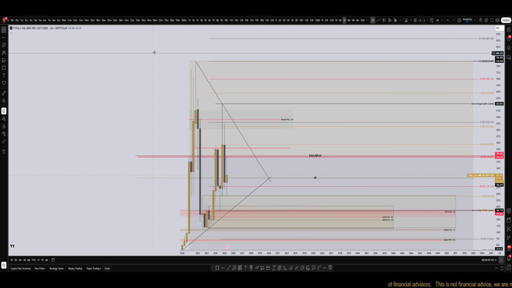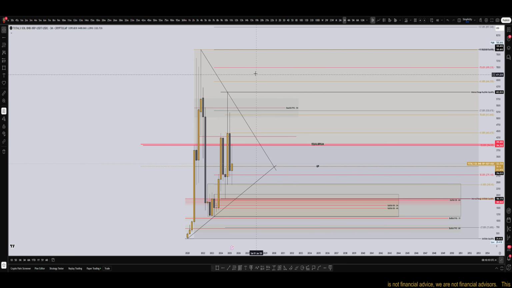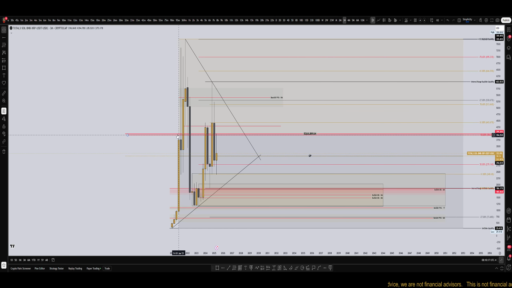But you don't necessarily know, at least at this moment right now, why that would be. Maybe by going lower on the time frames, we can get a gauge as to why we could potentially top somewhere around this region without taking out this high. There could be that situation unfolding as well.